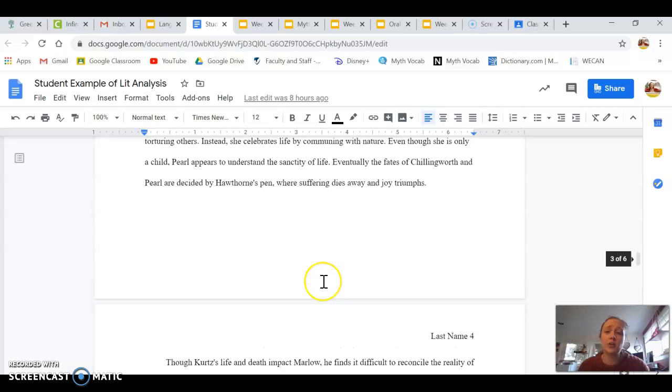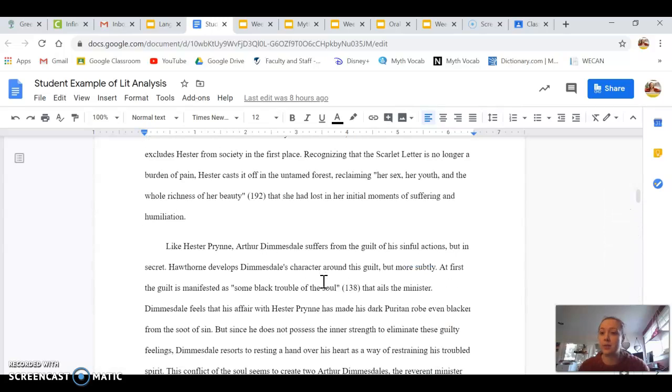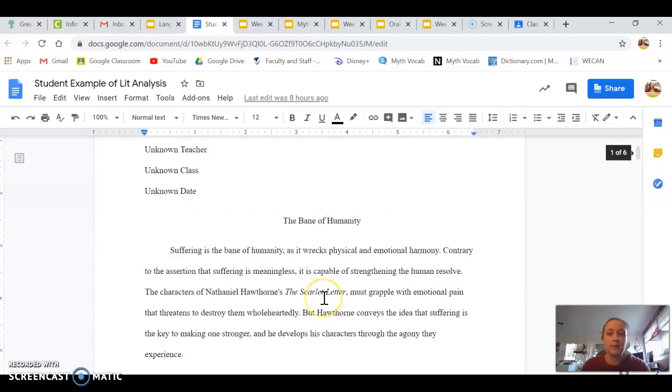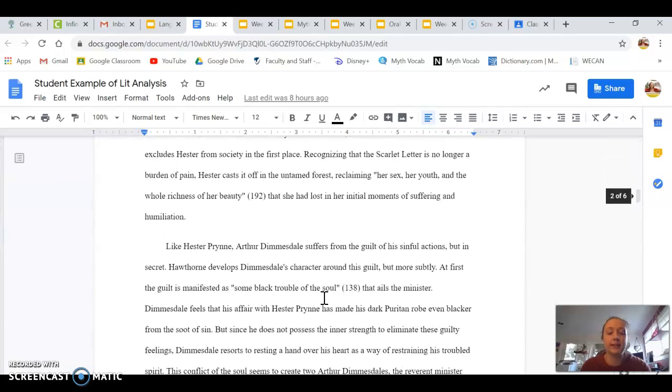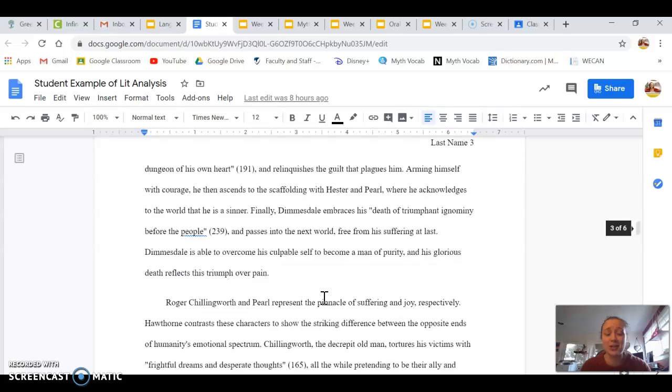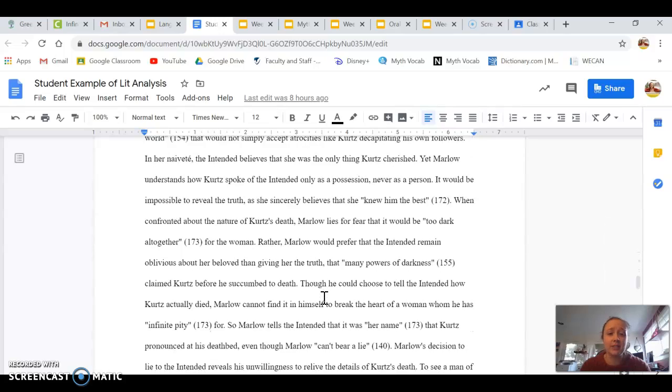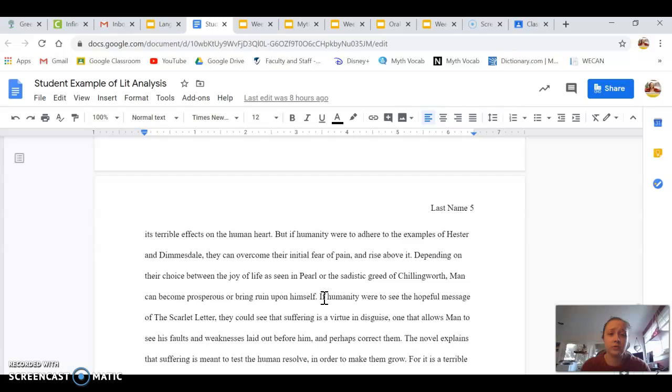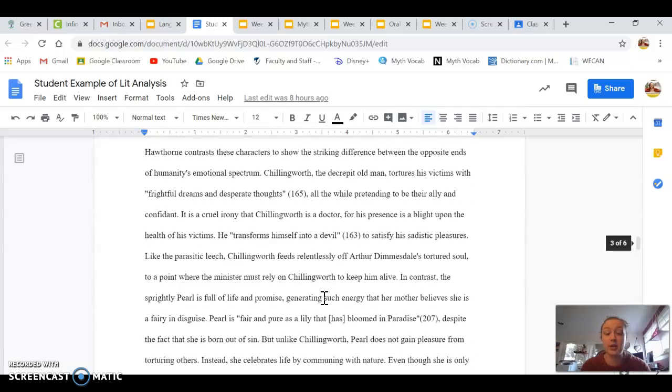I want you to read this student example of a literary analysis off of it. This is a bit longer than you're really required to do unless you're really passionate about supporting your thesis statement. Yours is going to be 3 body paragraphs, and this is about 4 body paragraphs, and the author uses multiple examples within each paragraph. You are welcome to do that. I am only requiring you to do 1 per support, and you should have 3 different supports back to your thesis statement.